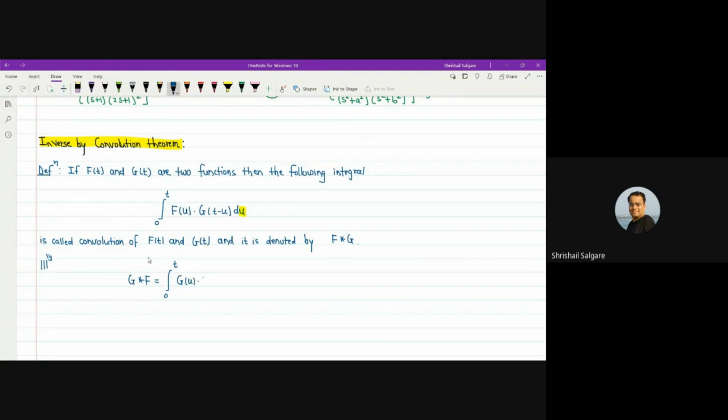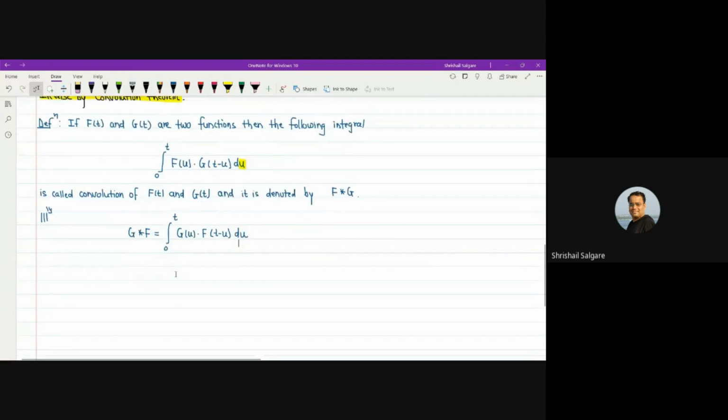Second function is F, so you write F of t minus u, and integral is with respect to u. This is a convolution. Such type of integration is called a convolution of the two functions.